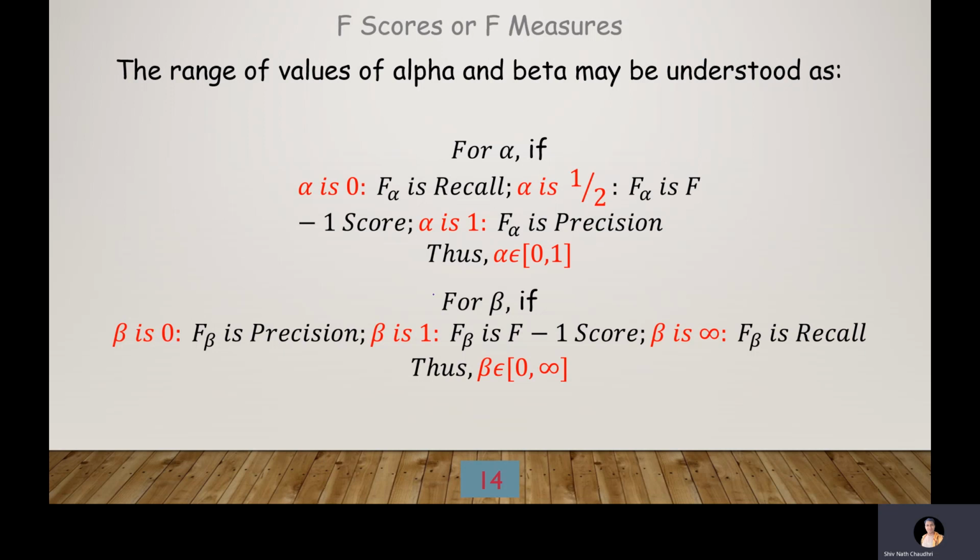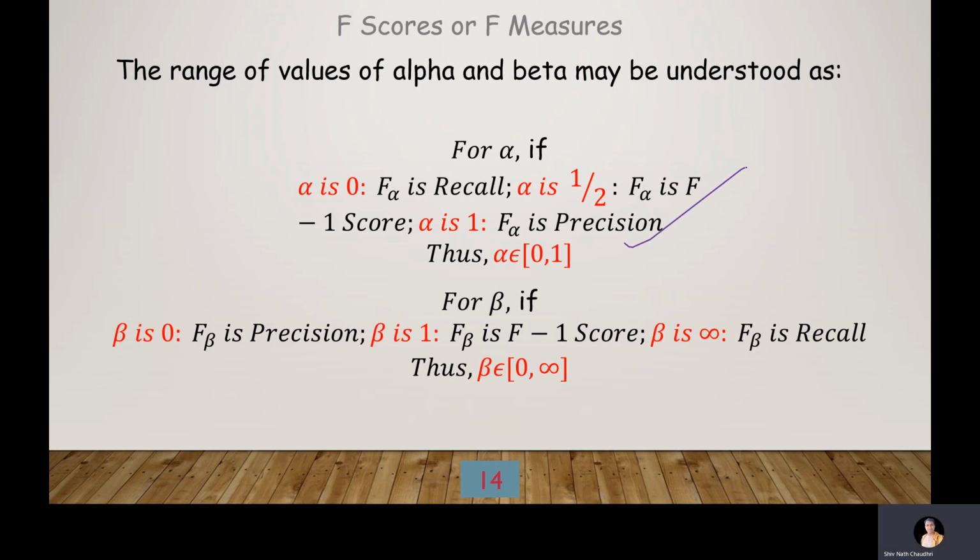Now, we will explore the ranges of values of both alpha and beta for which F alpha and F beta represent the precision, recall and F1 score. Looking at the formula, we find that F alpha converts into the recall, F1 score and precision for the alpha values 0, 1 by 2 and 1.